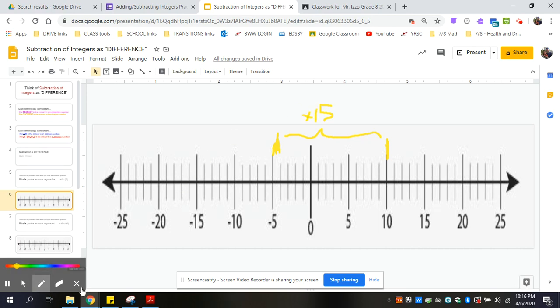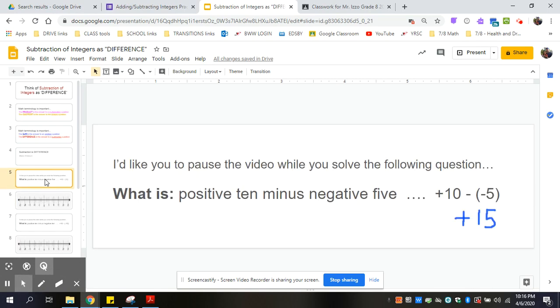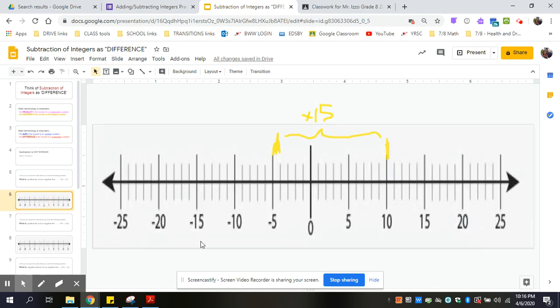I want you to also think of it this way though. And this is what I always do in my head. When the original question was, what's positive 10 minus negative 5? Here's what I always do in my head.